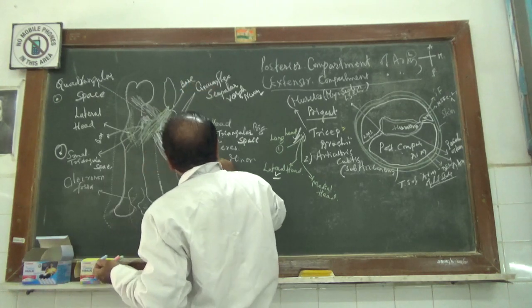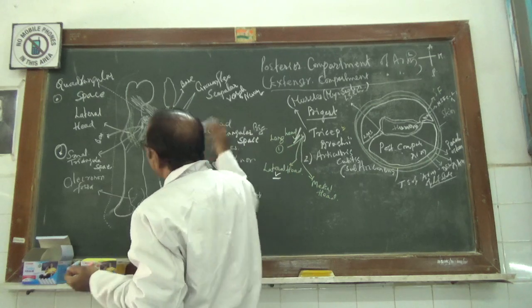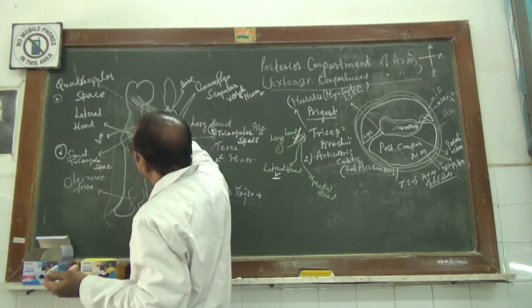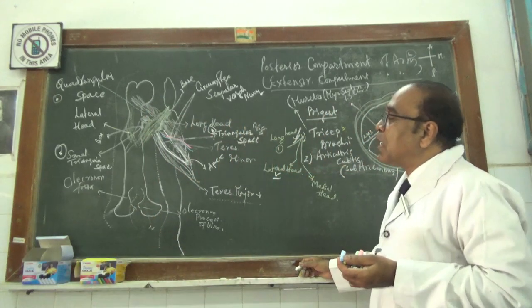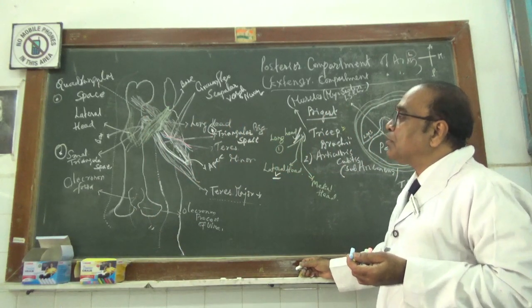So this is the base, and for the big triangular space this will be the apex. The base is formed by the medial surface of the upper end of the humerus for that small triangular space.